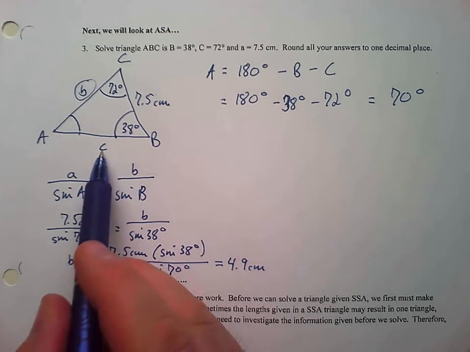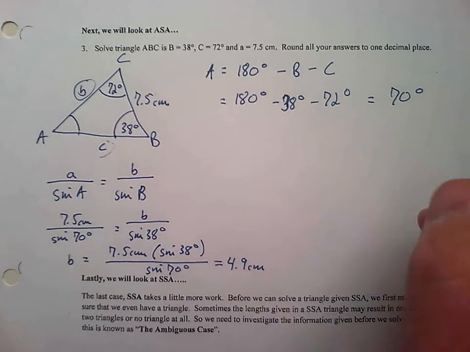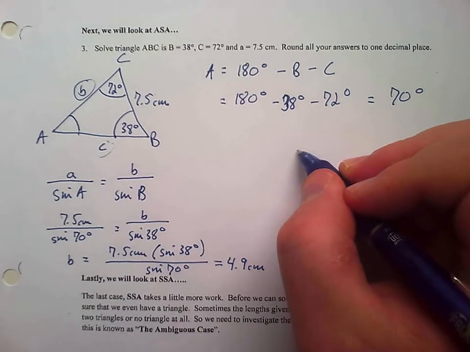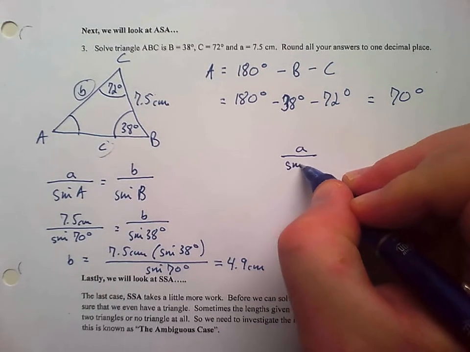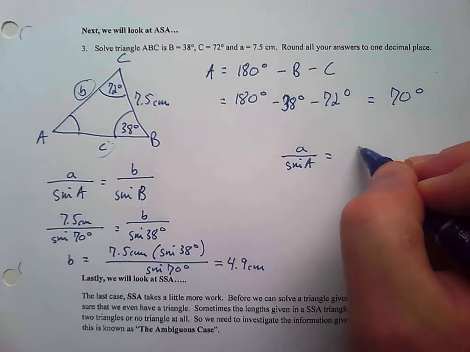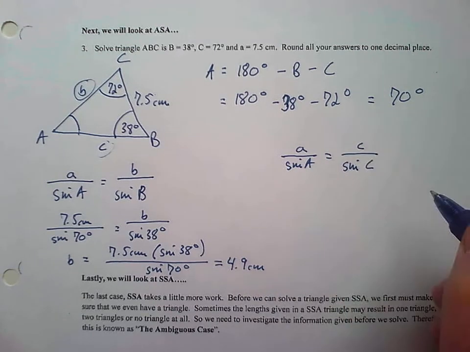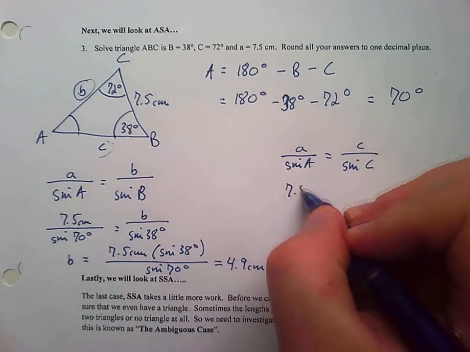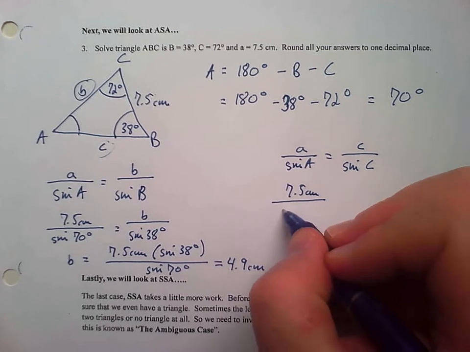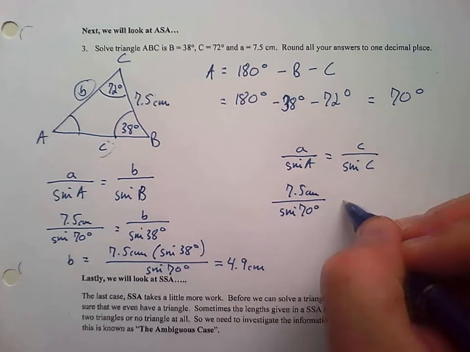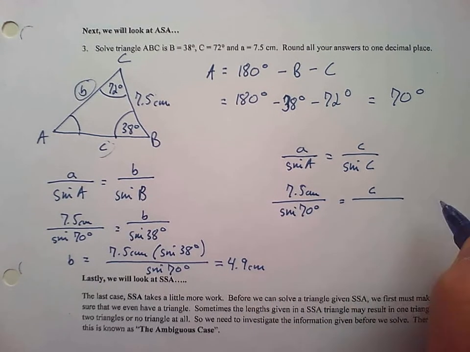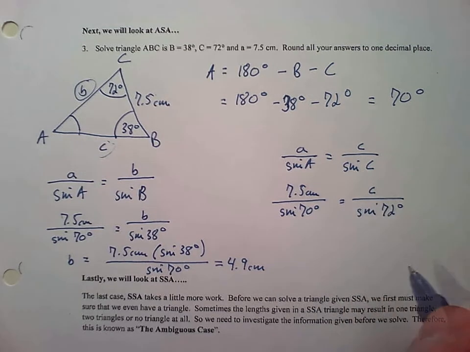Now we can also solve for side C. And again, if we have A over the sine of angle A is equal to C over the sine of angle C, again, we're going to have 7.5 centimeters divided by the sine of 70 degrees is equal to C divided by the sine of angle C, which is 72 degrees.